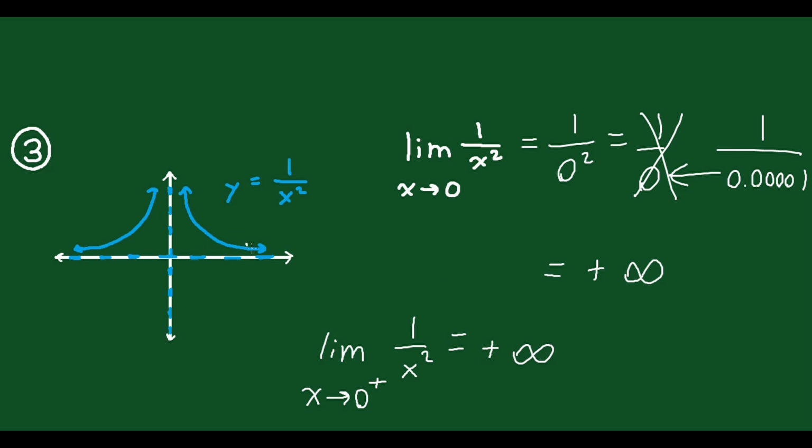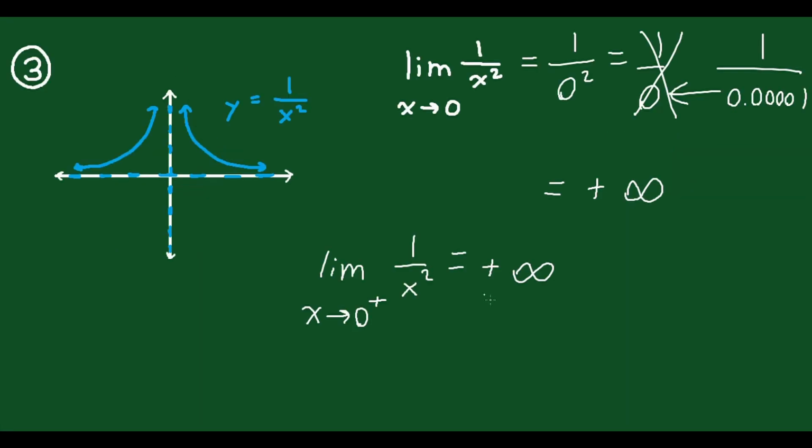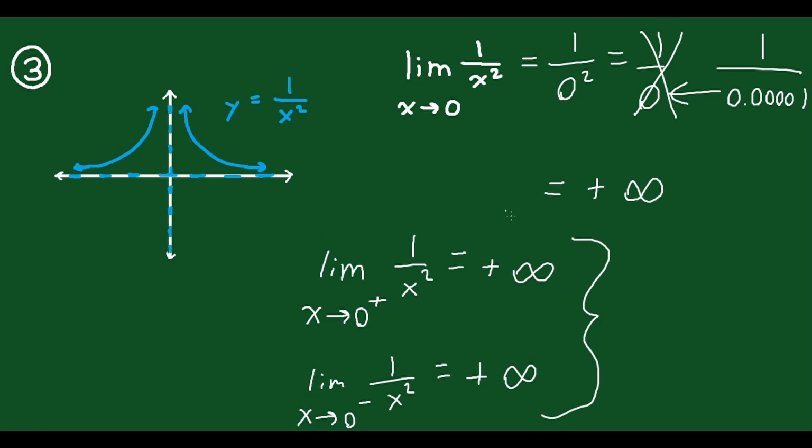We know that because we can approach 0 from the right-hand side and we see we're going up. And we can also do the limit as x approaches 0 from the left. And you put a little negative there of 1 over x squared, and that will also equal positive infinity. We know that because we can approach it from the left-hand side and it goes up. So both of these things need to be true.